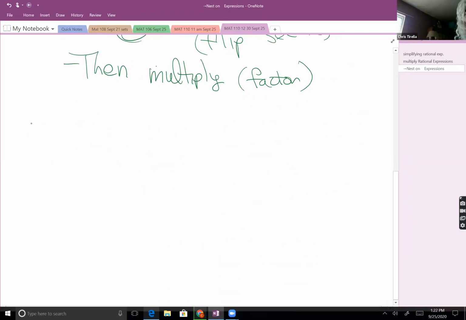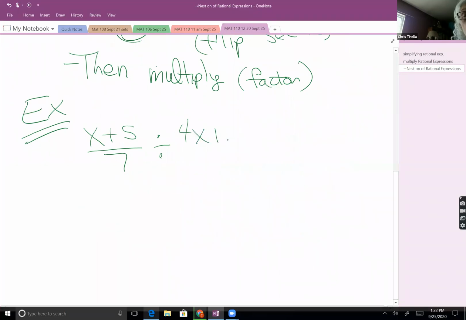So my first example, let's start simple and work our way harder. Let's say I have x plus 5 over 7 divided by 4x plus 20 over x plus 2.